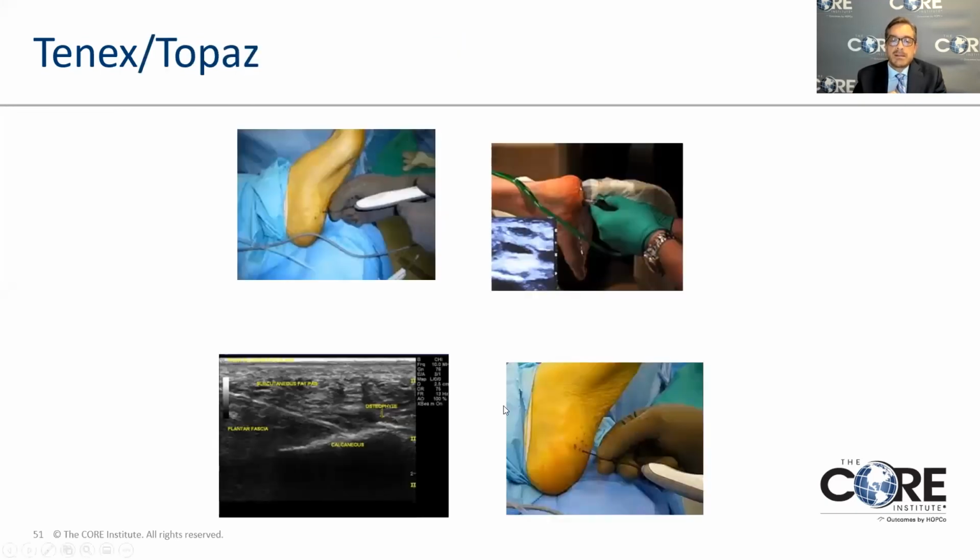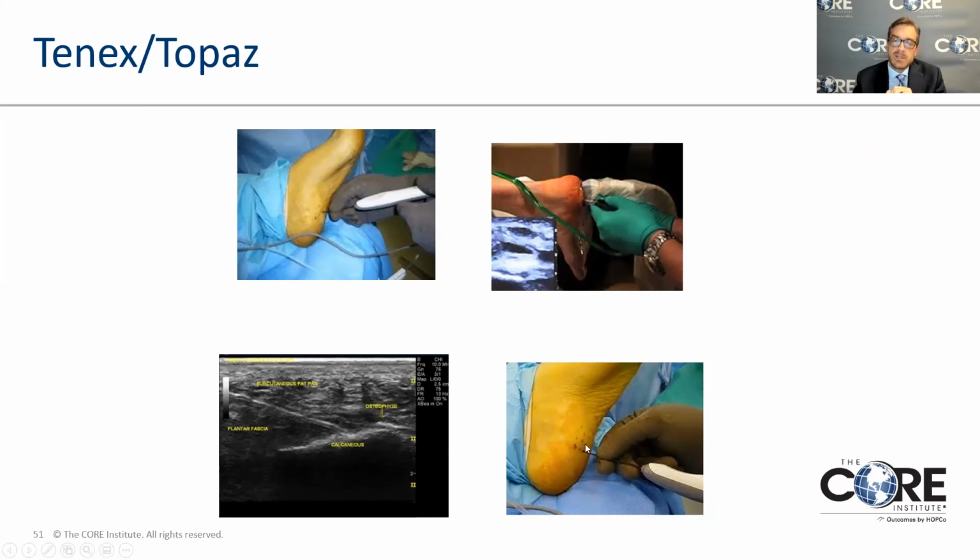So we see these instruments. Of course, the surgeon is holding the handle, but it looks like a little needle or a long thin instrument. You can see a little better here on the bottom right.